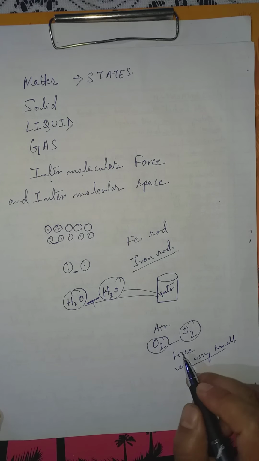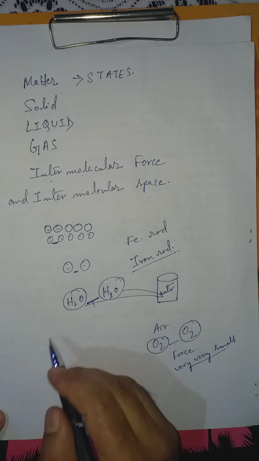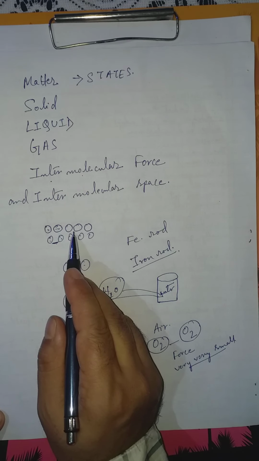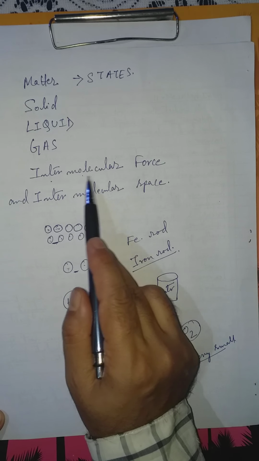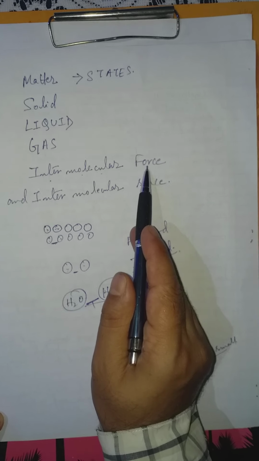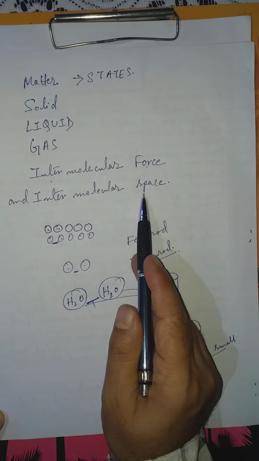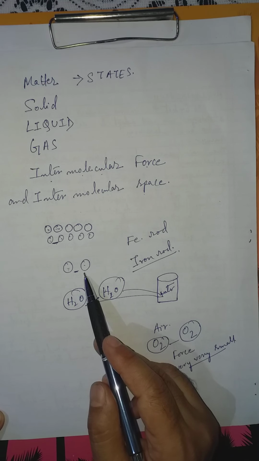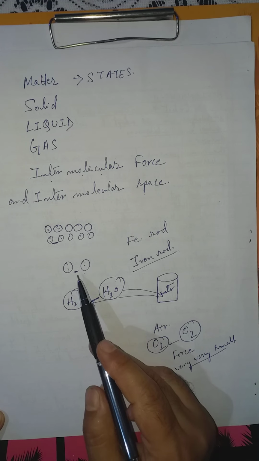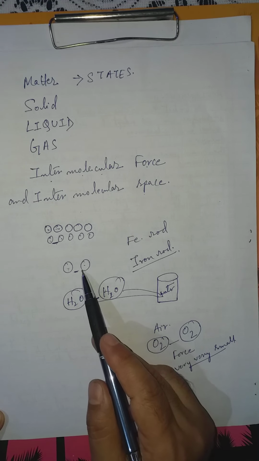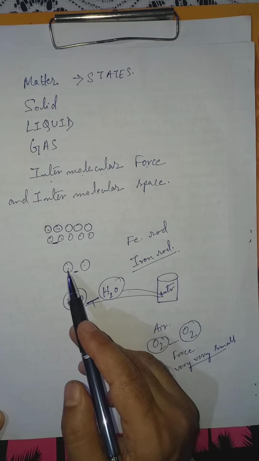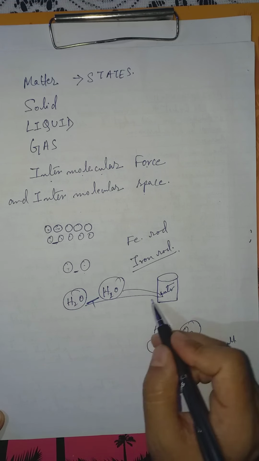So the molecules of solids are packed together because of high intermolecular force, and the intermolecular space is very less. In case of liquid, the intermolecular force is a little less than solid, so the space is a little more, and the molecules can move freely within the liquid.